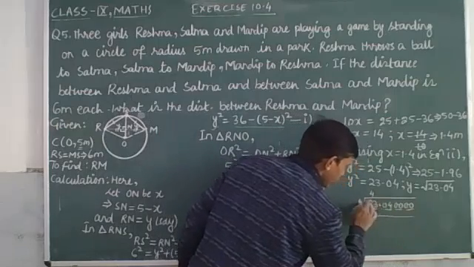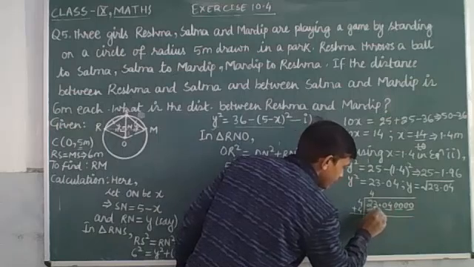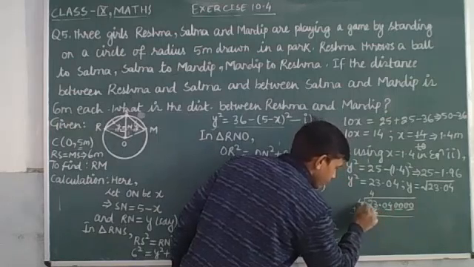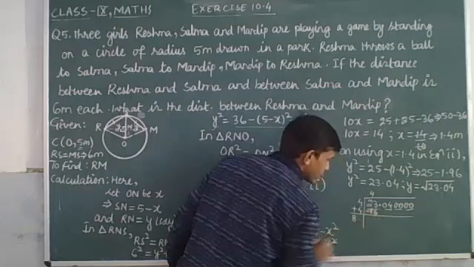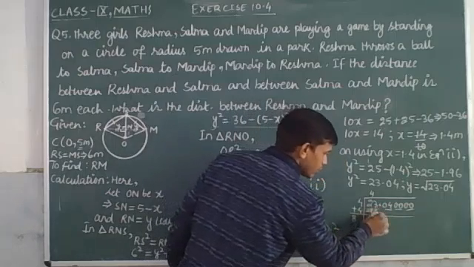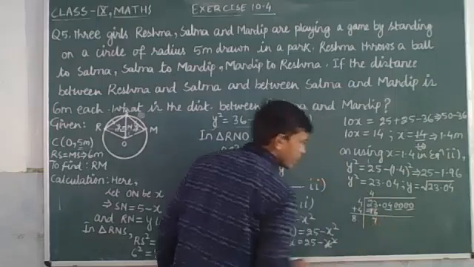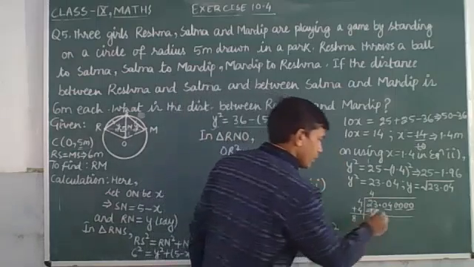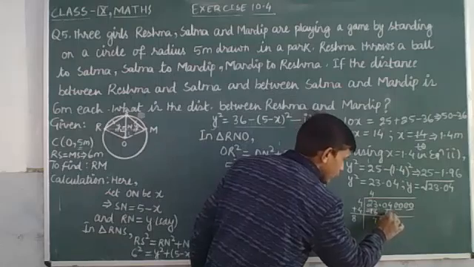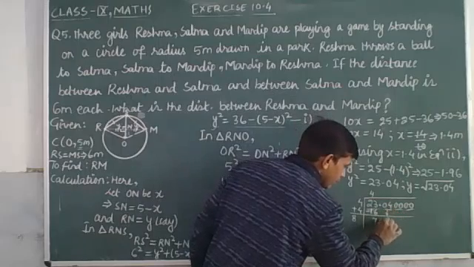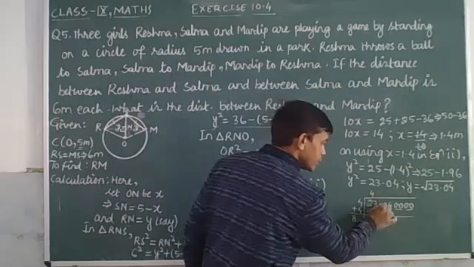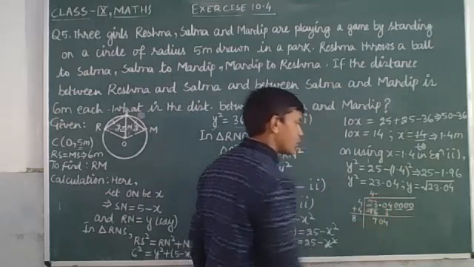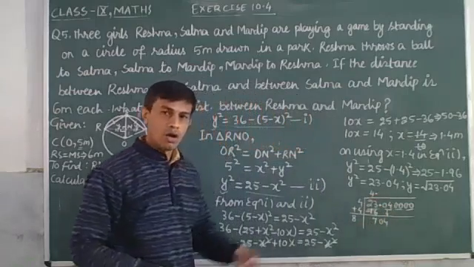So 4 4s are 16, 4 plus 4 is 8, and on subtraction it becomes 23 minus 16, 7. Next we have to bring down 04, but before this there is a decimal point, so that decimal point we have to note along with 4.